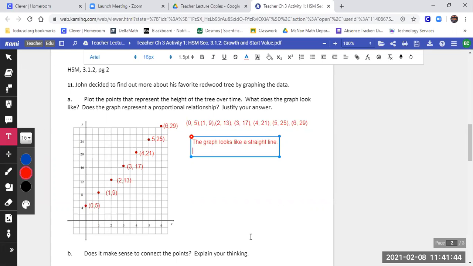Does the graph represent a proportional relationship? So based on what we've already learned about what makes it proportional and not proportional, what are we going to say? Is it a proportional relationship?